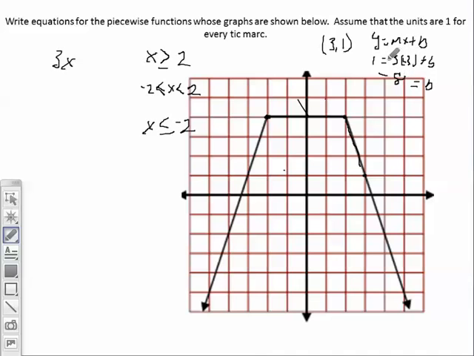I'm going to get a negative 9. I add the 9 to both sides, and I'm going to get a 10. So b is equal to 10. So this is going to be a negative 3x plus 10.